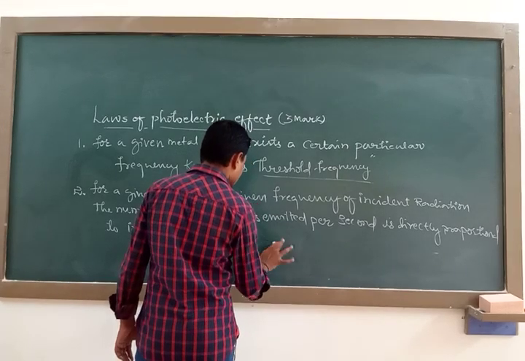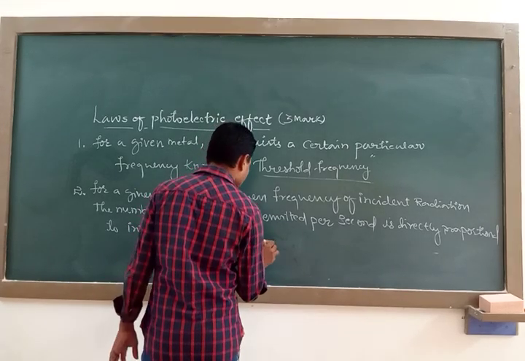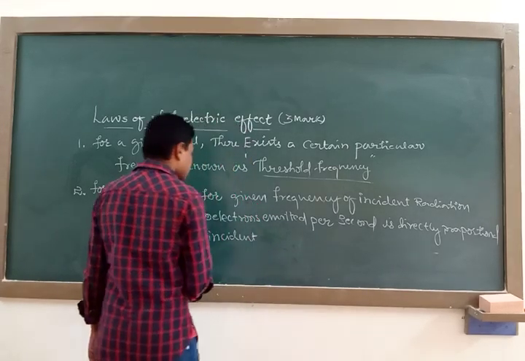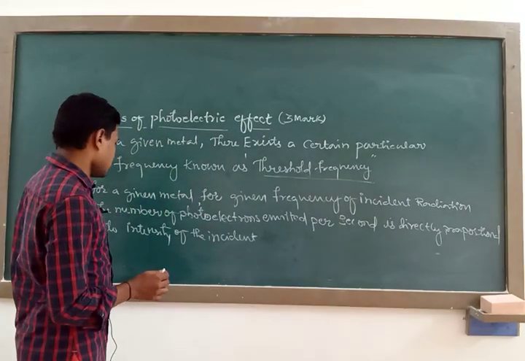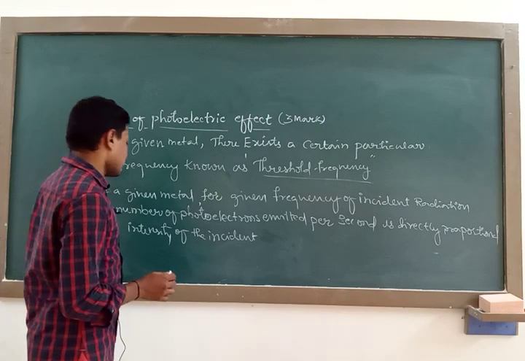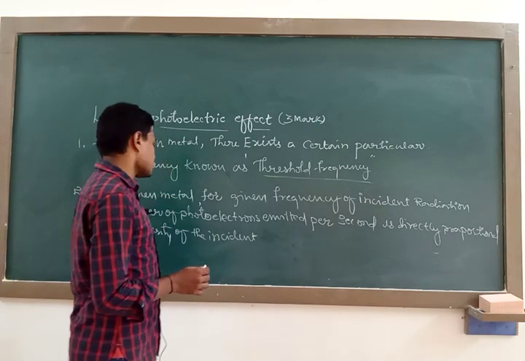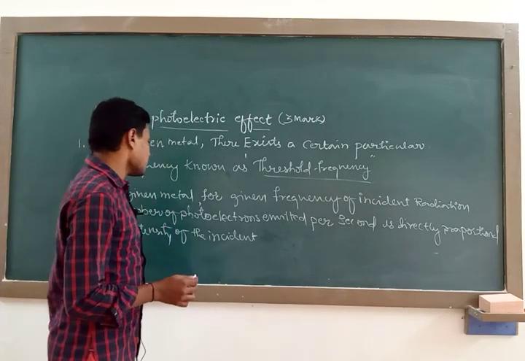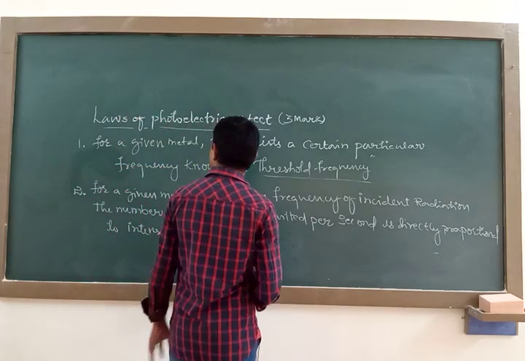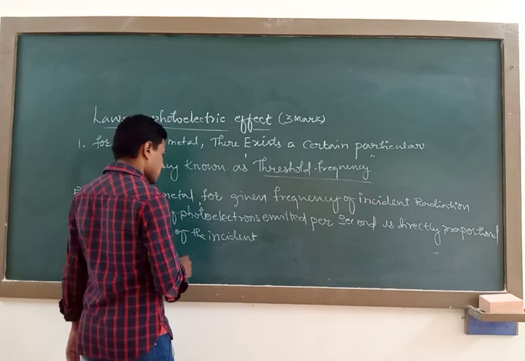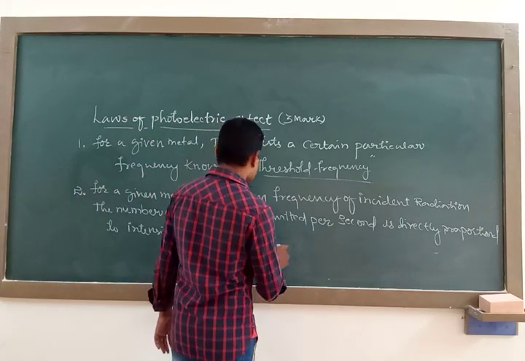I think you got to know that this is the conclusion we reached while studying the variation of photoelectric current with the intensity of the light. So this is the second law of photoelectric effect.